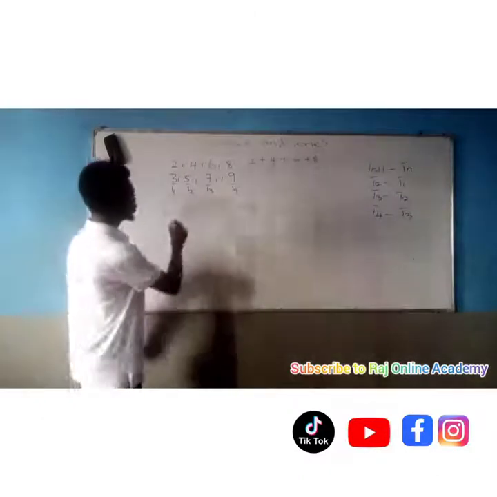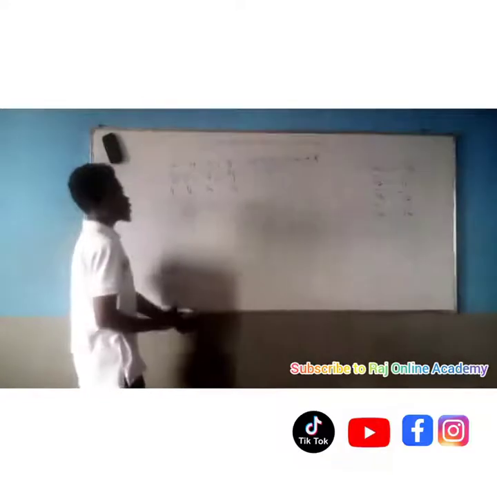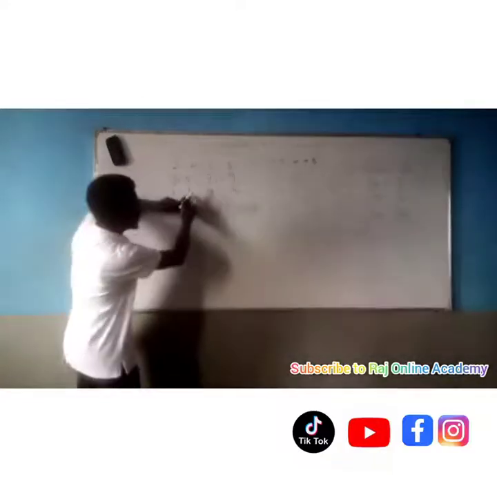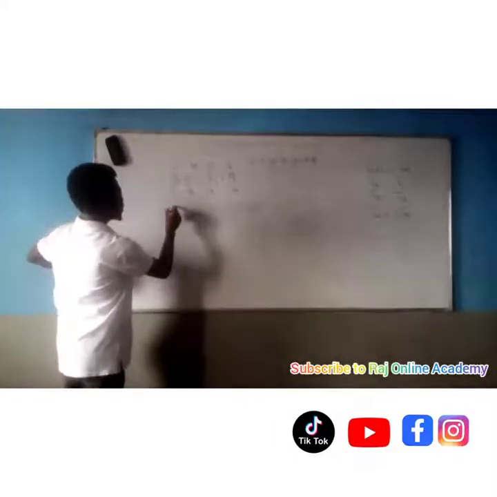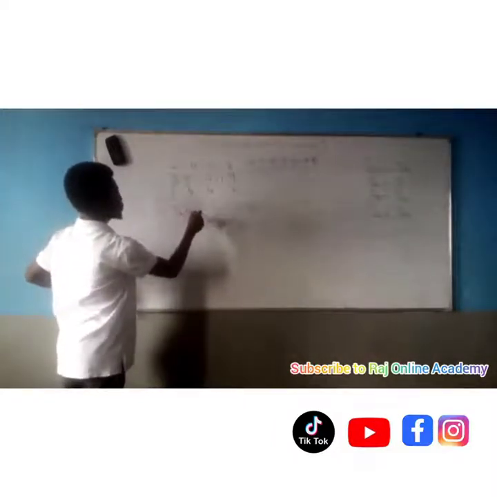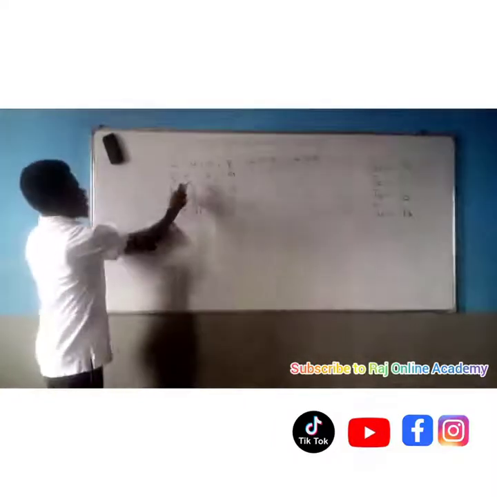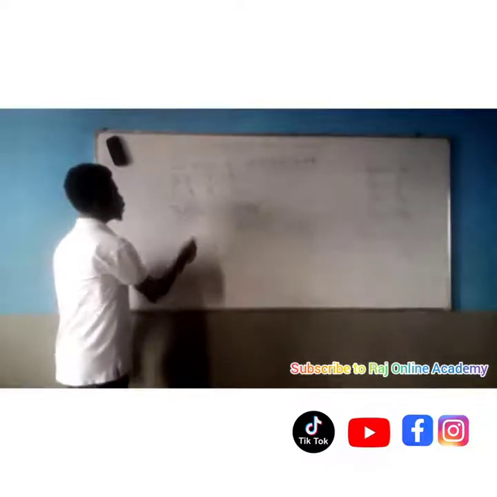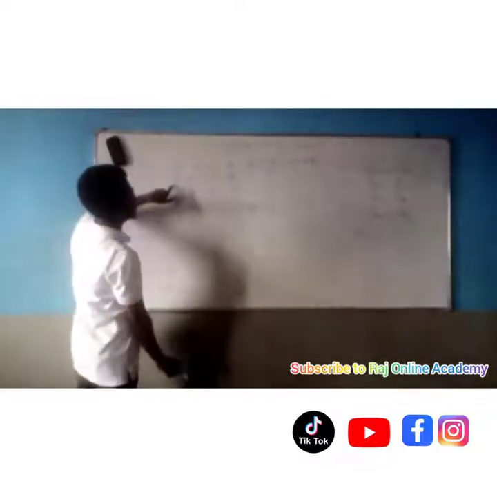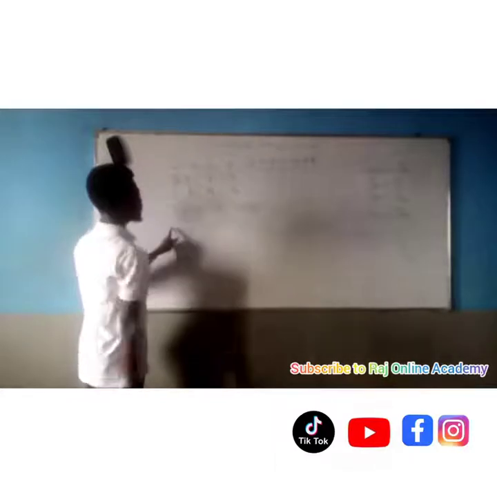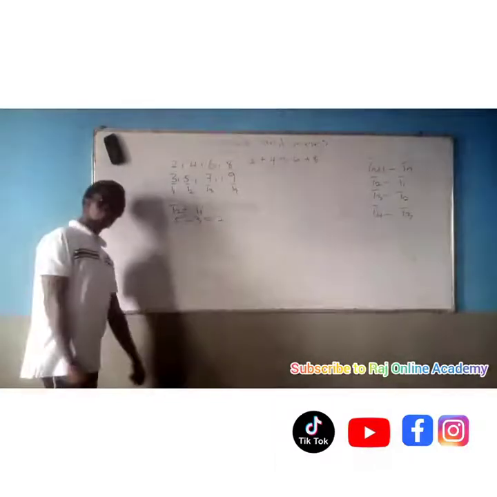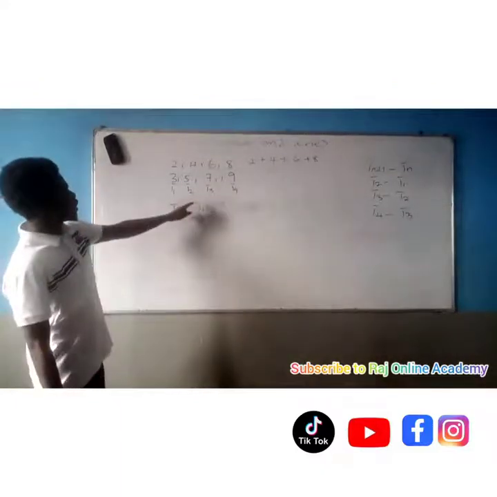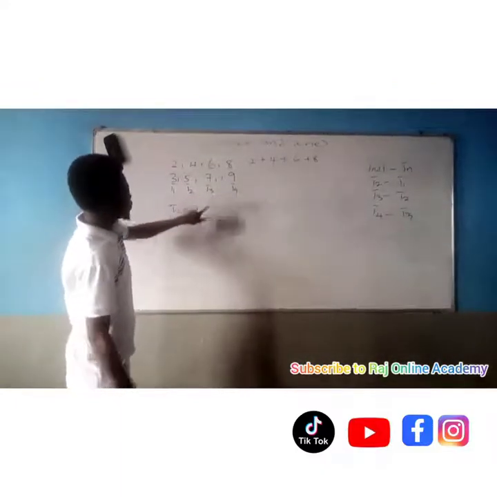So we say T2 minus T1. What do we have for T2 here? We have 5. So T2 minus T1 is 5 minus T1. What is T1? It is 3. And 5 minus 3 is equal to 2. Suppose we take T4 minus T3.